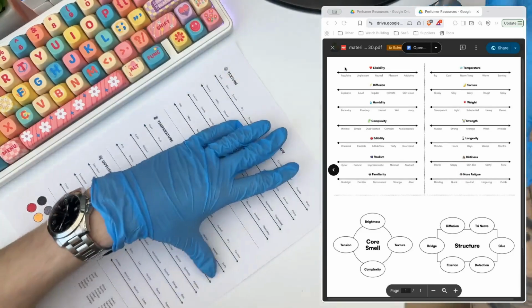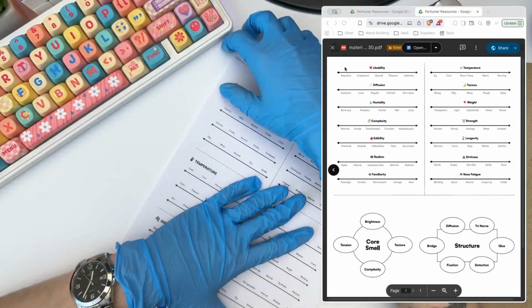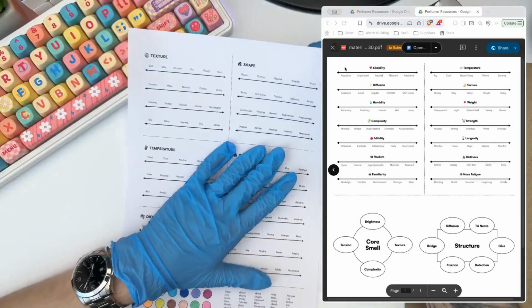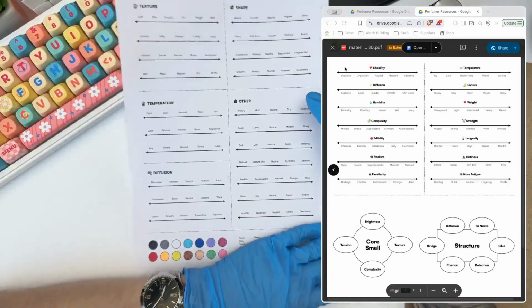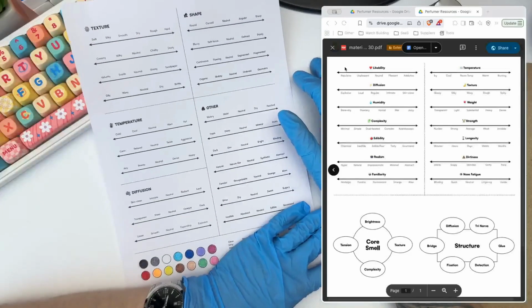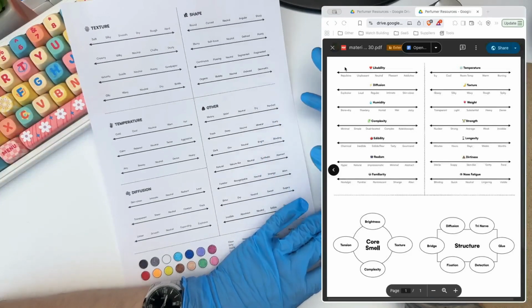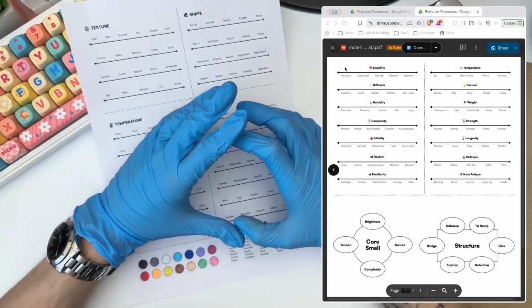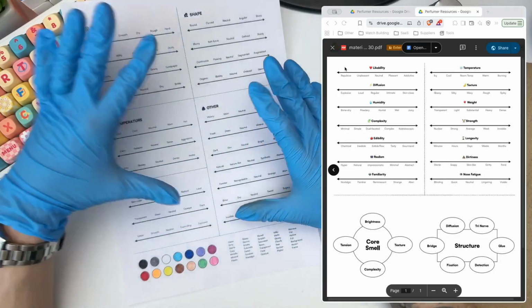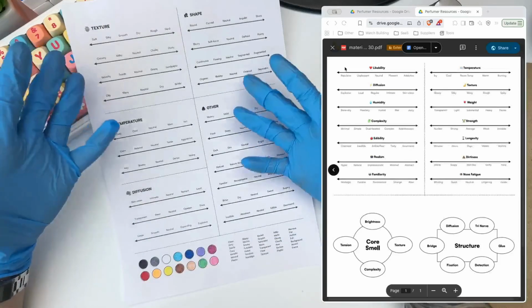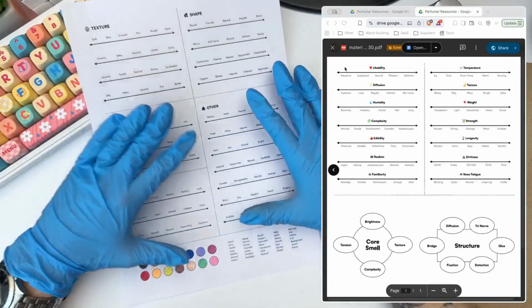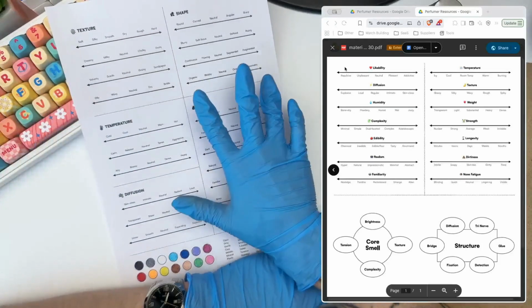Now let's look at this paper sheet here. This was my first attempt to solve this problem, and I came across the idea of using spectrums, which was a neat idea because it somehow puts the things that are important about a material in one page and it kind of organizes it. But the issue with this version was that the spectrums were quite abstract.